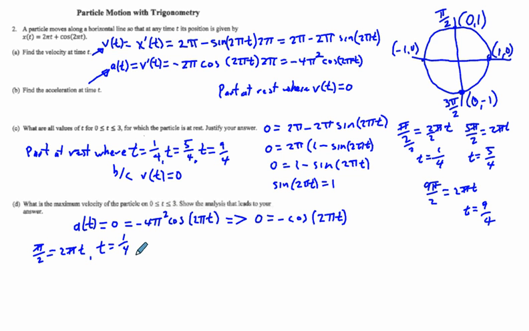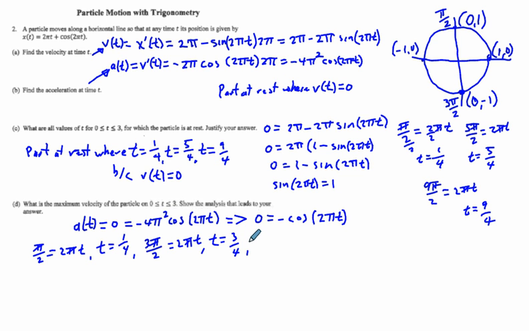Now, for the next critical number, we can set this bottom value, 3 pi over 2, equals 2 pi t, and dividing by pi and 2, we get t is equal to 3/4.